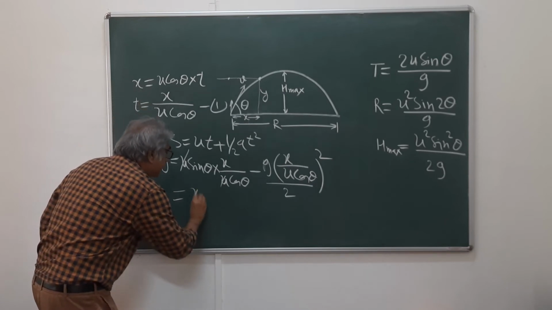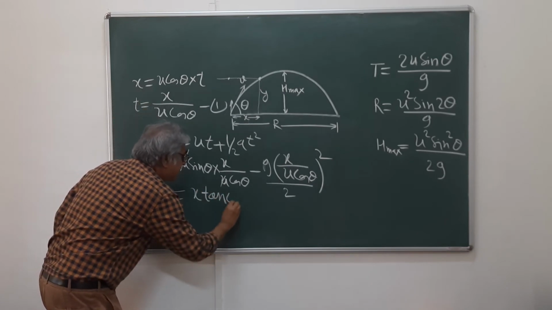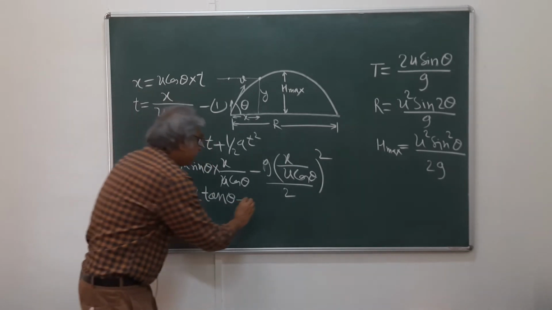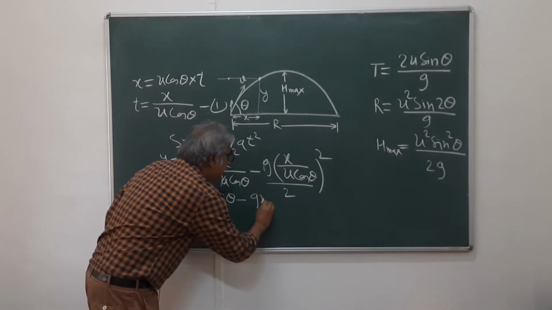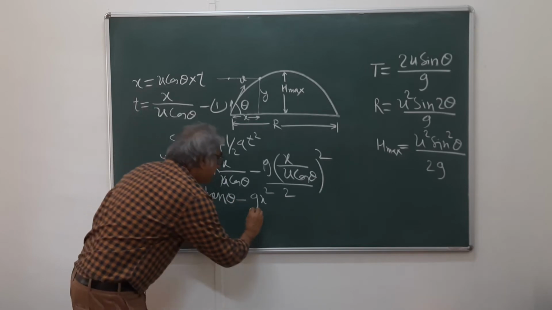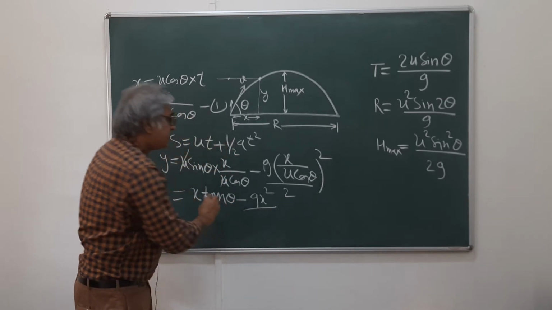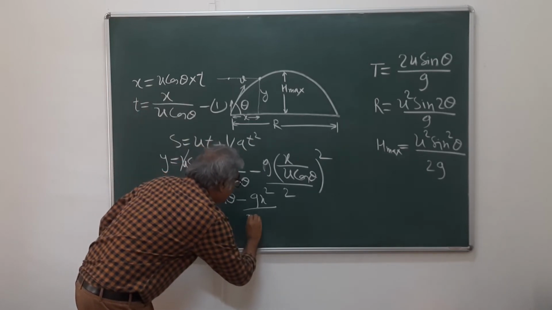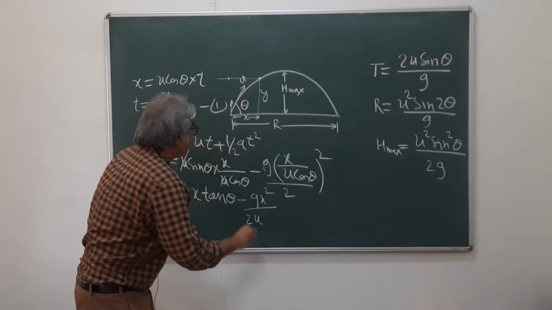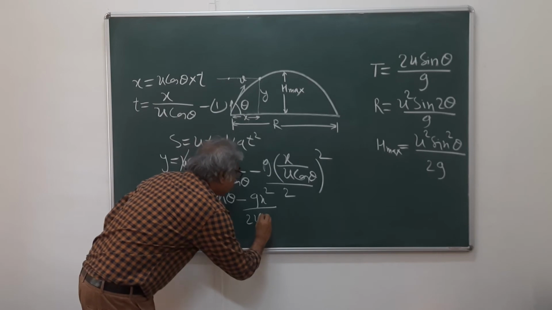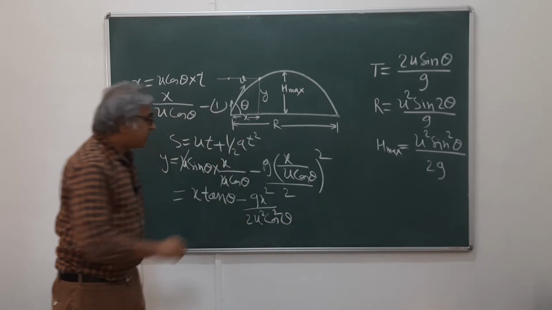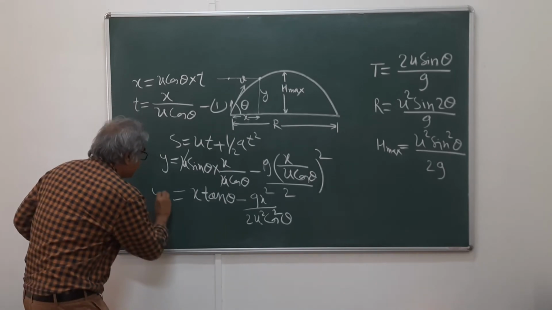We can write this as x tan theta minus gx square upon 2u square cos square theta. So this is the expression for y.